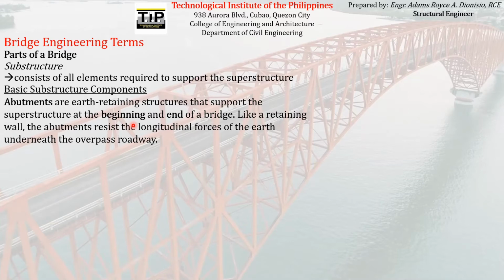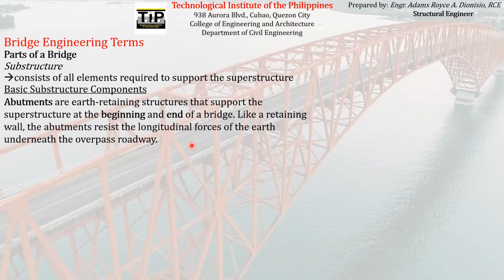So that component of a substructure that is usually located at the beginning and the end of a bridge, and is used to retain the earth beneath it, is what we call an abutment. So they usually act like a retaining wall. They retain the longitudinal force exerted by the earth underneath the overpass roadway.